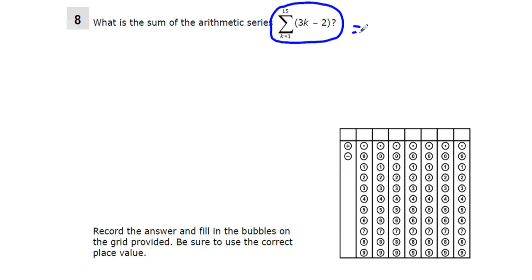So that's going to equal 330. Again, that's a positive number, so we don't need to enter a positive in here. And then we bubble in correctly 330. And that's going to be it.